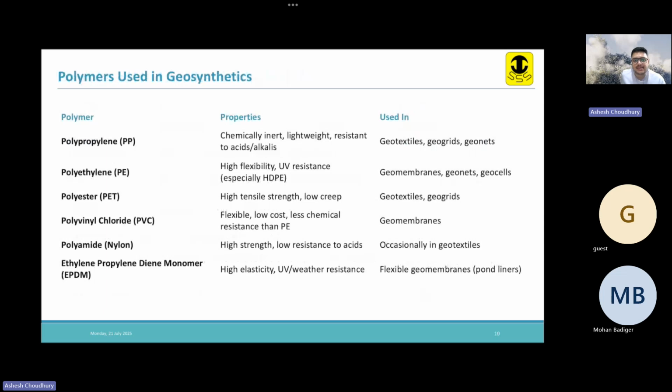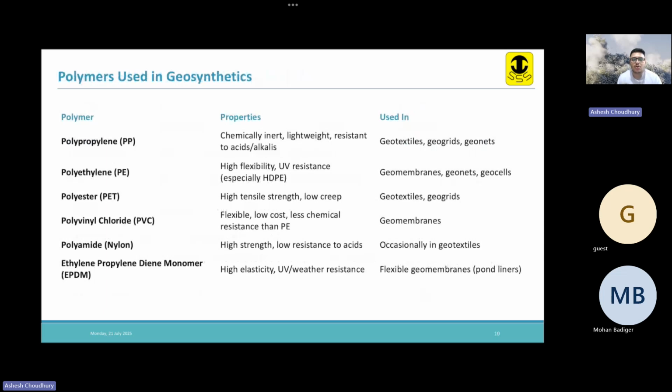Polyethylene has high flexibility and is UV resistant. You must have heard about high density polyethylene, HDPE. HDPEs are also used to make pipes nowadays. They have very high flexibility and a good amount of strength. Polyethylene is generally used to make geomembranes, geonets, and geocells.